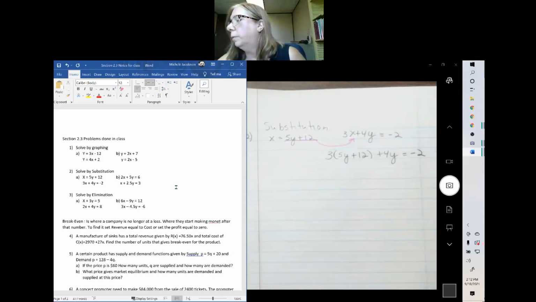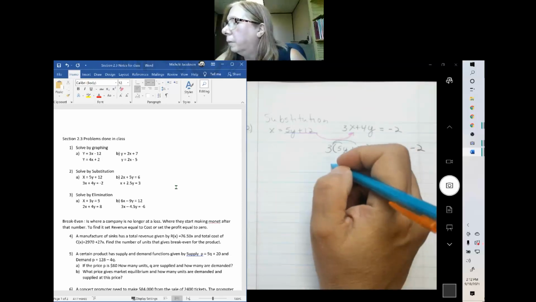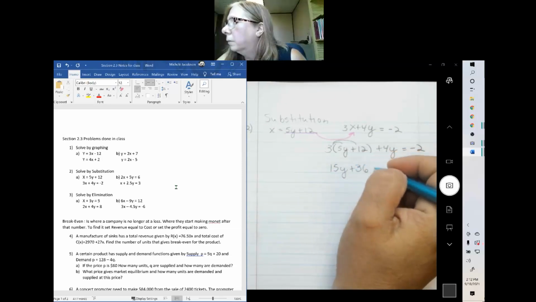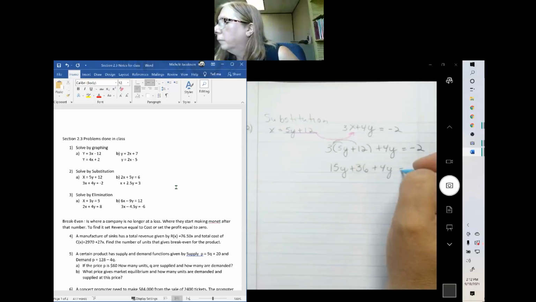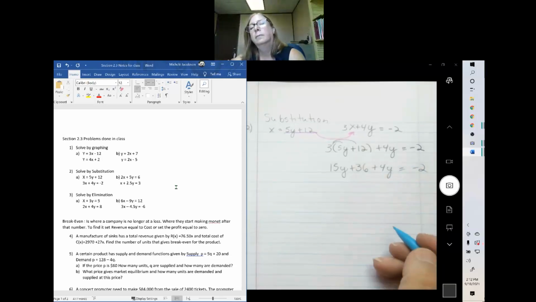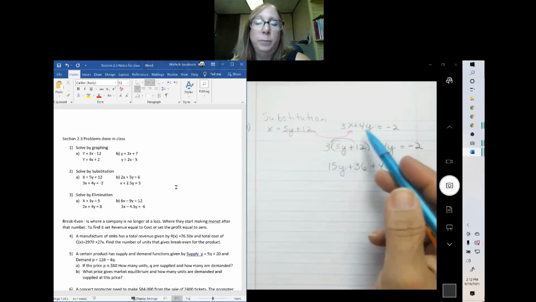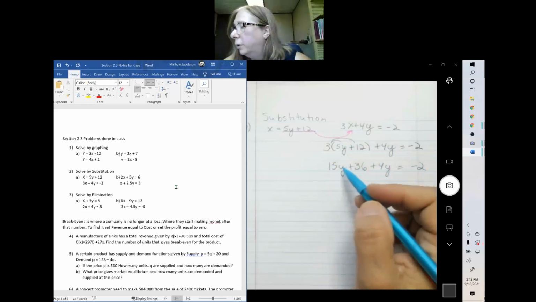Then we want to solve for y, so distribute the 3. And so this is something that would be from chapter 1. Combine like terms.